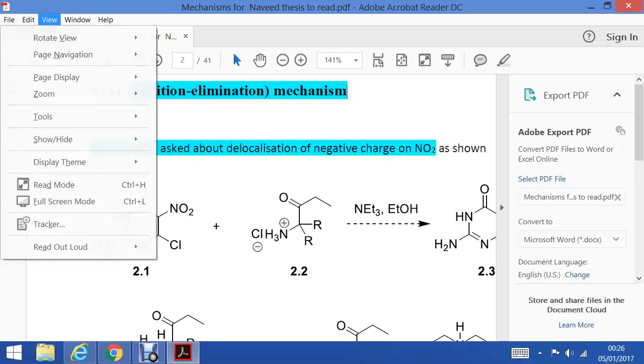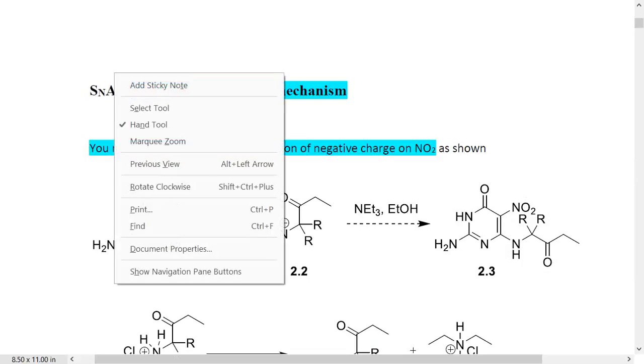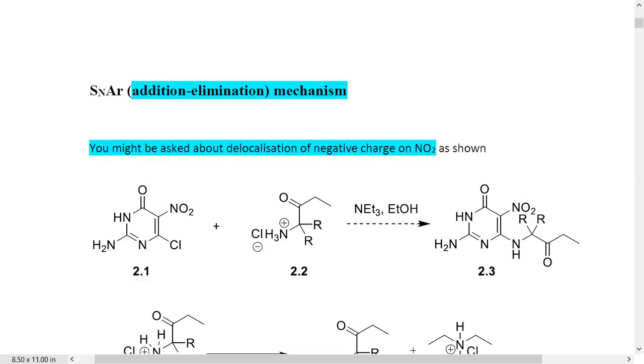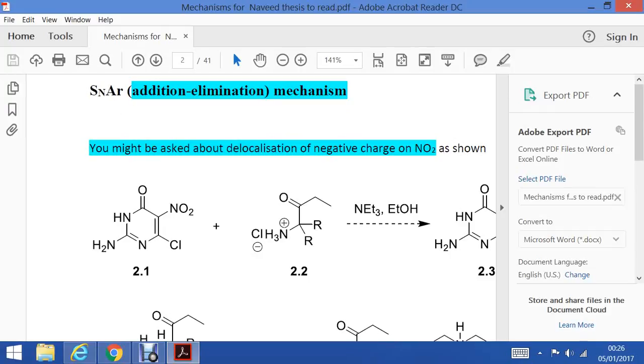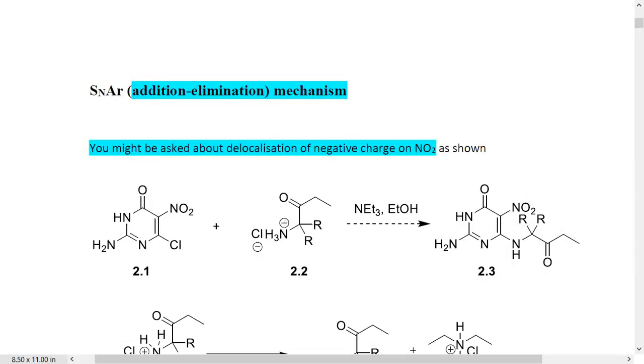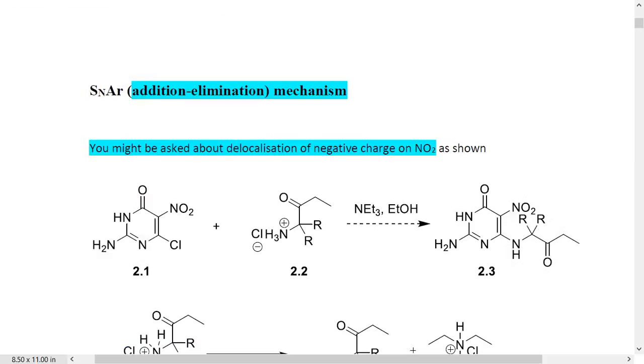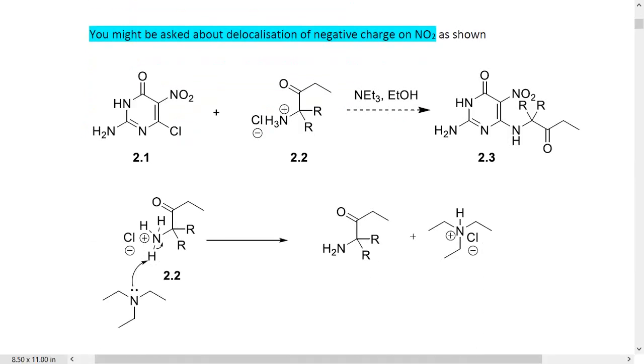What kind of mechanism is it? It is an SN aromatic mechanism. In an SN aromatic mechanism, you might be asked about delocalization of the negative charge on the nitro. This is nitro again.